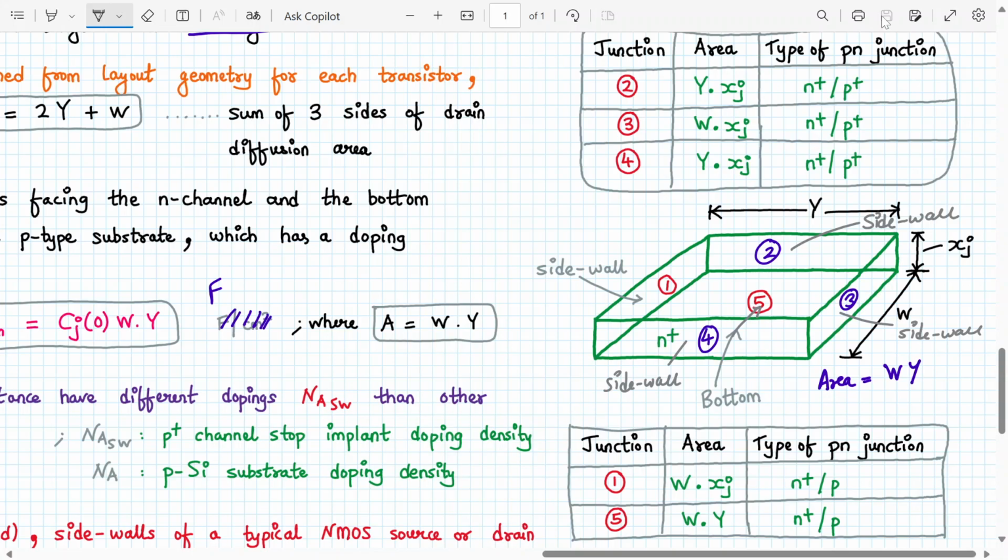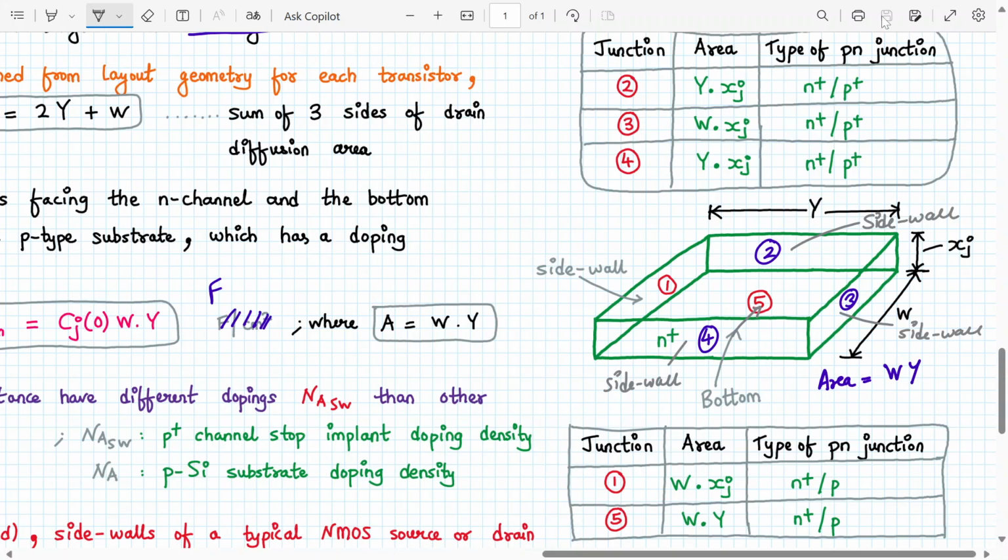Okay. Now tell me, should the doping of the sidewall capacitance and area capacitance be the same or different? Because here we have P plus N plus and here we have P N plus. So for the sidewall the doping will be different, right? It's P plus junction only.